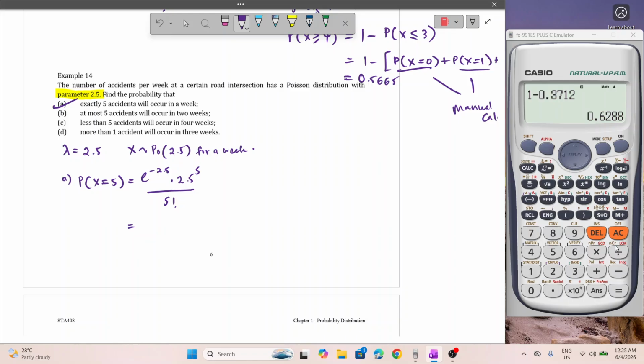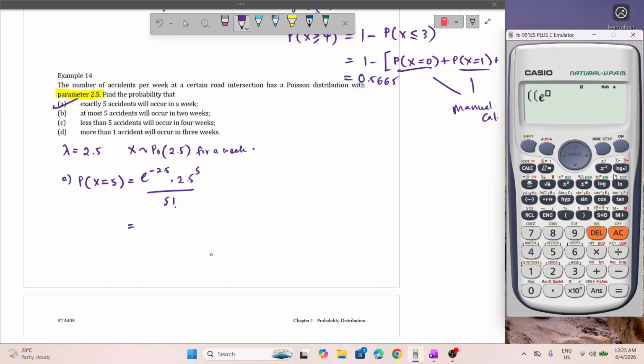Now put it into the calculator. You need to first open two brackets and go to shift. Make sure when you click shift, the S indication appears here, and go to learn.